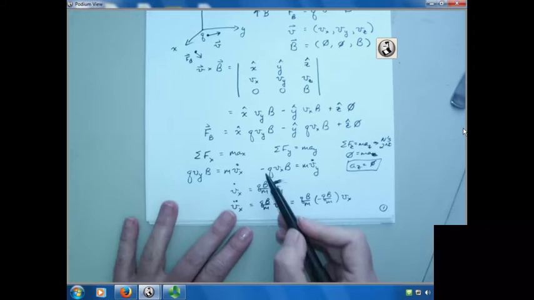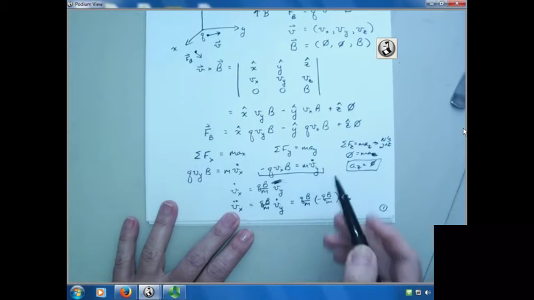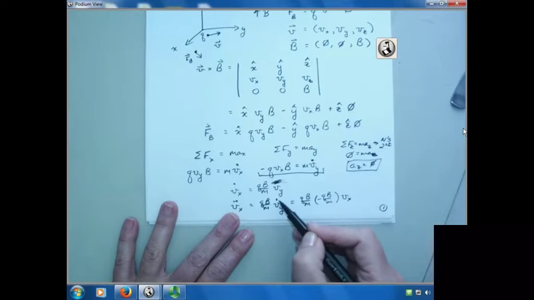So I solved this equation for Vy dot, and I made a substitution where I saw Vy dot here. Are you guys all right with that? Jeremiah, are you all right with that? Okay. All right.